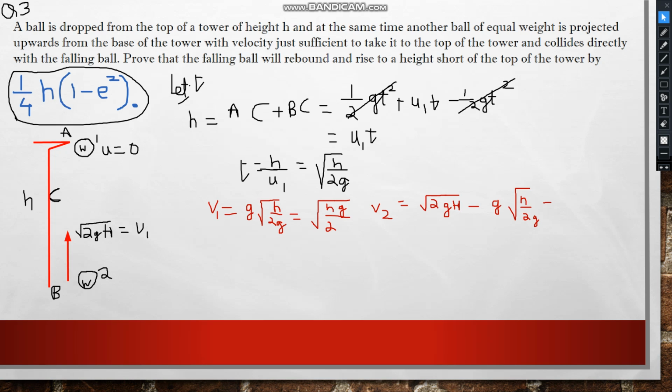On simplifying this, one will get root of hg by 2 once again, which means v1 is equal to v2. I hope you will be able to simplify this statement. I am not going into such things, or else the video will become too large. I don't want that. Now let's apply the law of conservation of momentum.